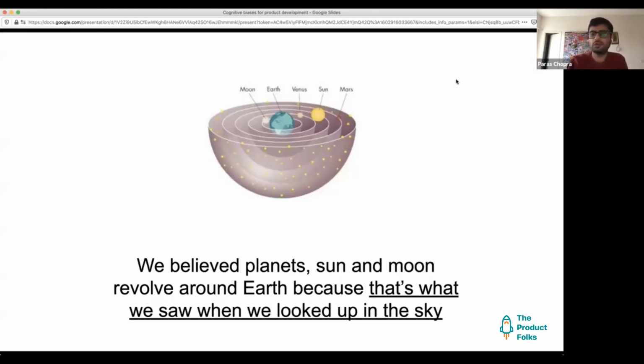Even today, if you aren't taught that Earth is not the center of the universe, anyone would tend to believe that the sun and the moon revolve around the Earth. Like I was saying, this is a very predictable and systematic error, because perception fools us into thinking that everything else is revolving around Earth, while that's not the case in truth.